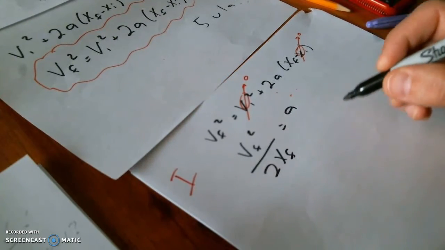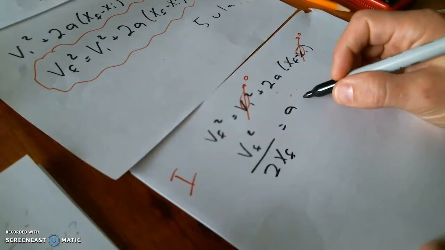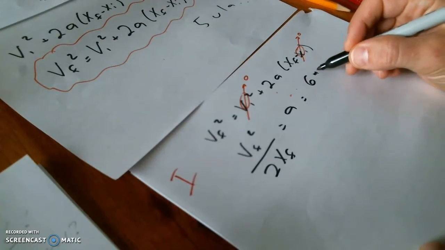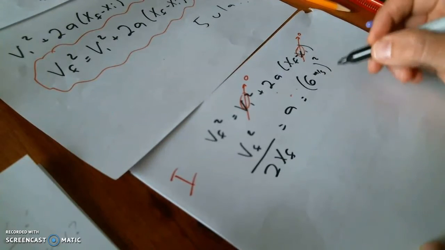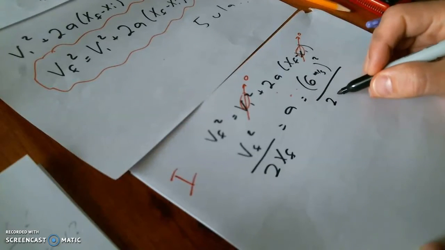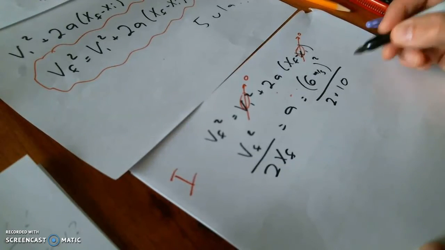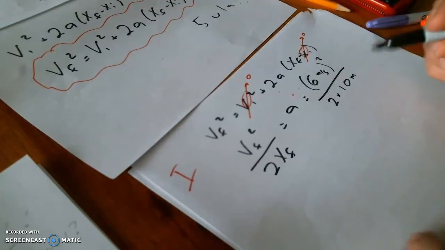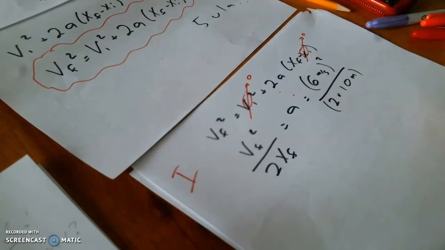Okay? So VF squared. The VF was given as what? The VF was given as 6 meters per second. That whole thing is squared. You square the letters too, divided by 2 times 10. And that was meters, was the length of this.